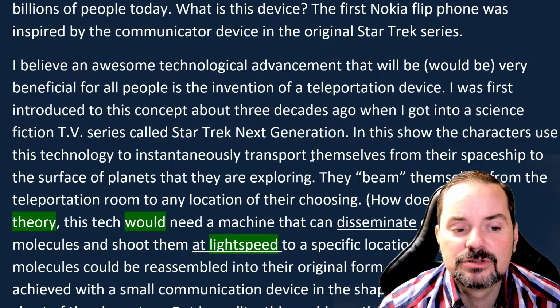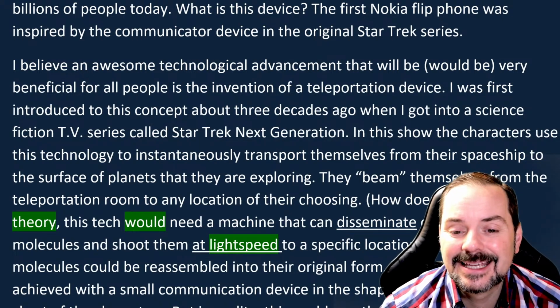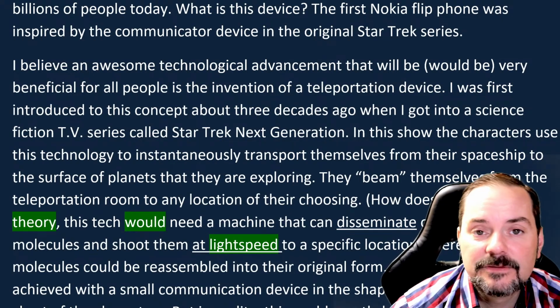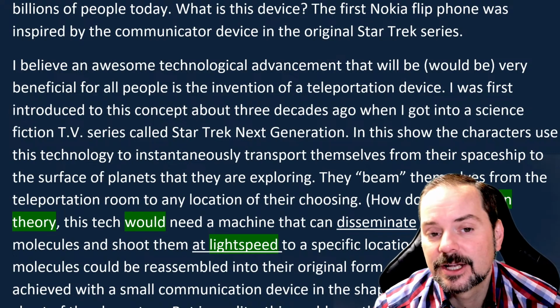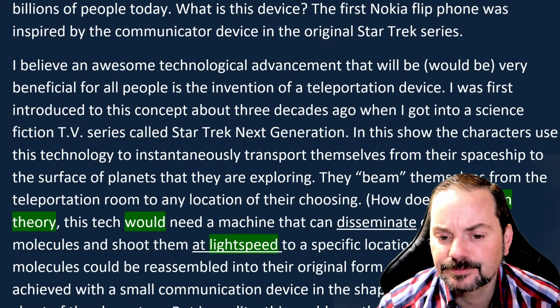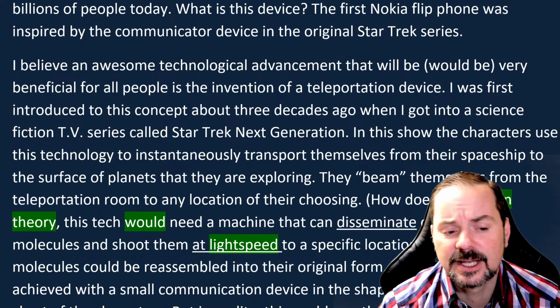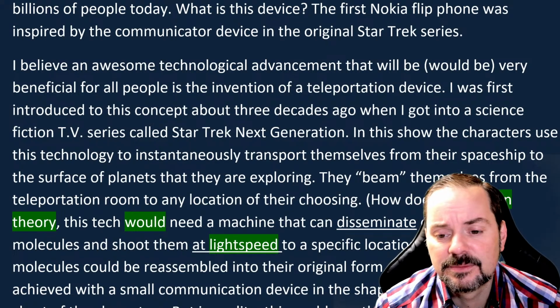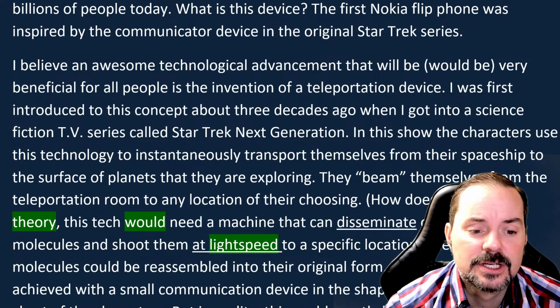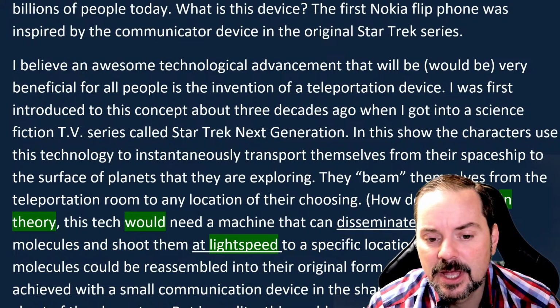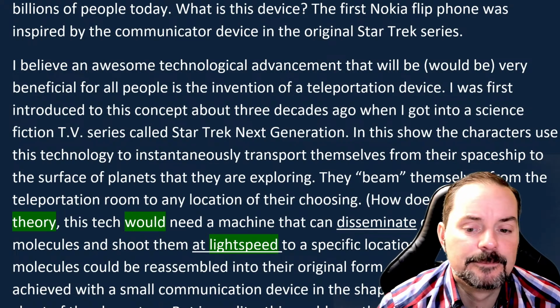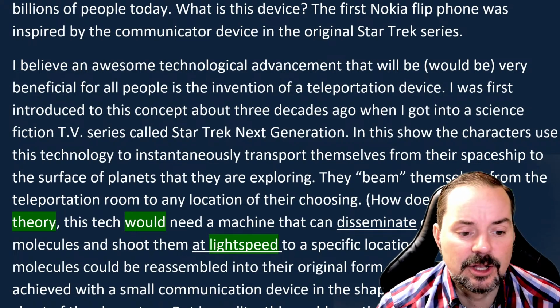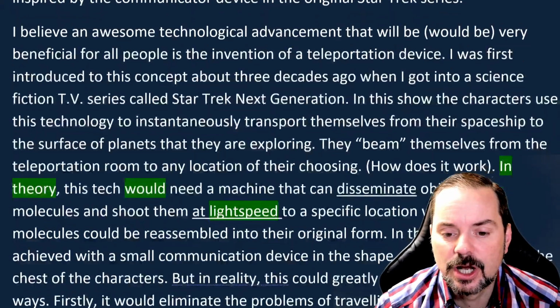I was first introduced to this concept about 3 decades ago when I got into a science fiction TV series called Star Trek: The Next Generation. In this show, the characters use this technology to instantaneously transport themselves from their spaceship to the surface of planets that they're exploring. They beam themselves from the teleportation room to any location of their choosing.